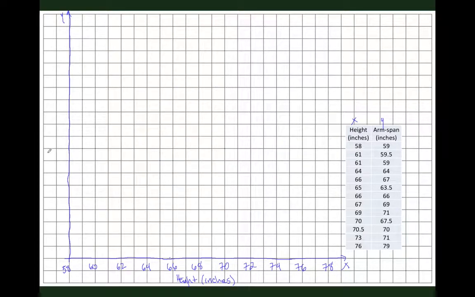This other axis I'm going to label arm span. And also put the units. Now for this one, the smallest arm span we have here is 59, so I'll start this axis here at 59. And this would then be 60.